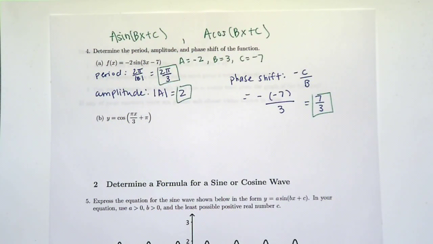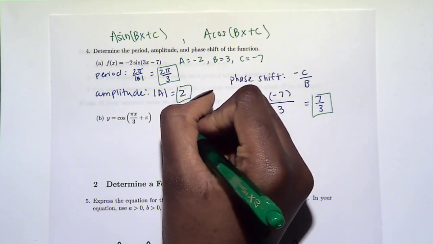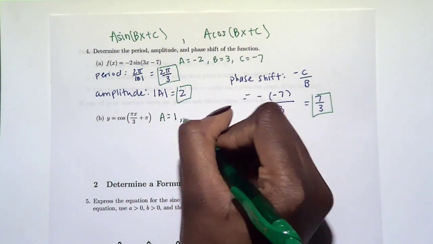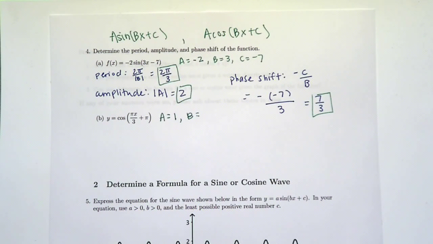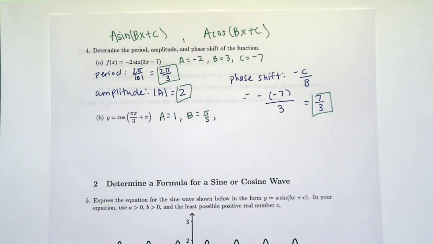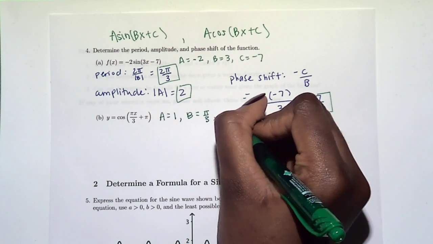All right, let's look at the next one. Cosine of pi x over 3 plus pi. So we have to know what's a, b, and c. All right, nothing's here, so a is 1. b is the thing in front of x, so that would be pi over 3. And then c is what we're adding to it, so c is pi.